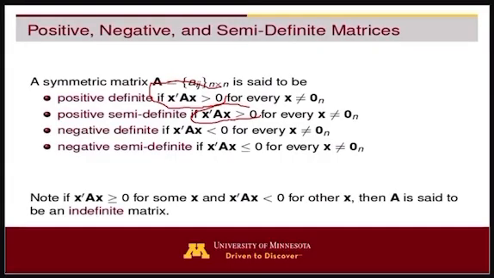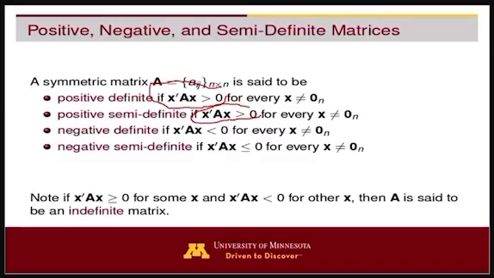Now in multivariate analysis, particularly when you are using the second order derivative approach to decide on optimization, maybe you are minimizing, we normally want to investigate the quadratic form.